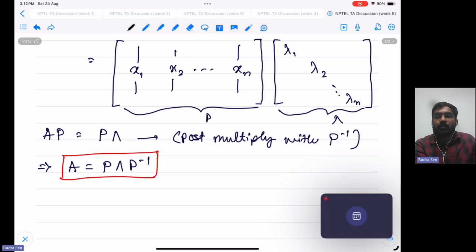But sometimes it's possible that for repeated eigenvalues, we may not get repeated eigenvectors, like the algebraic multiplicity is not equal to the geometric multiplicity. In that case we have to find the generalized eigenvectors. Let's say lambda is repeated thrice, and we are not getting three distinct eigenvectors for lambda one, we are getting one eigenvector.